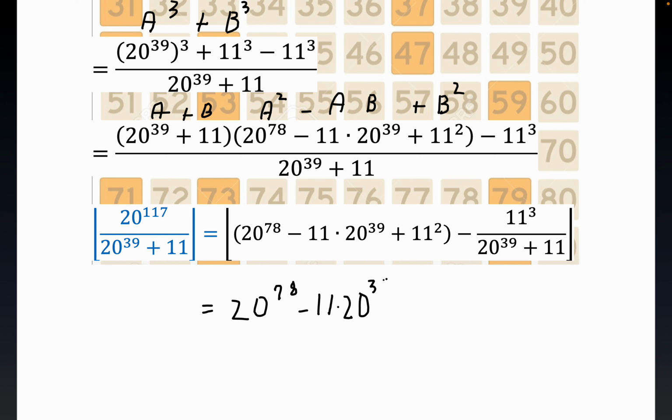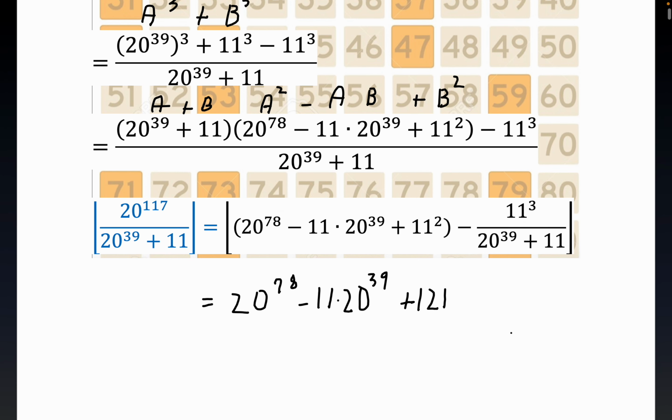And then we terminate with 11 squared, which is 121. Notice what I did: the floor of any integer is the integer. For example, the floor of 7 equals 7, since 7 is the greatest integer less than or equal to 7. It's kind of a hassle just to say that, but notice we did remove the floor piece here.